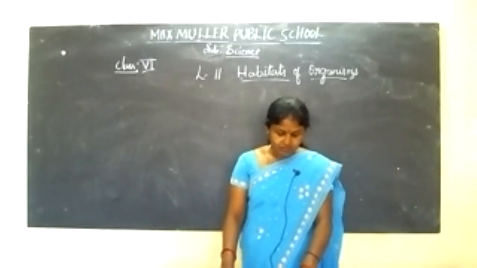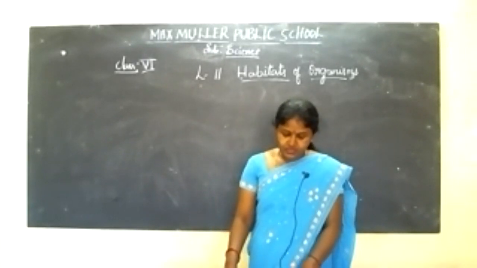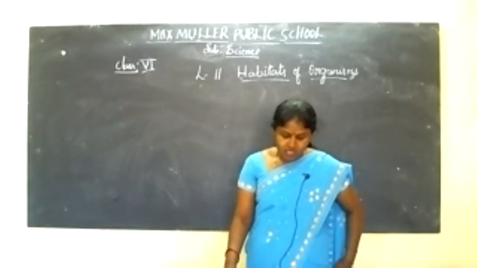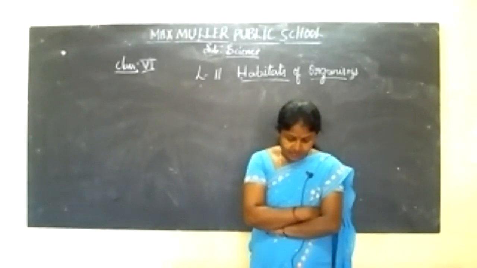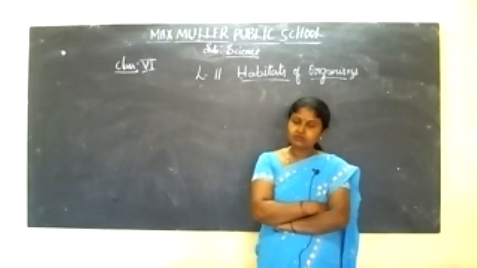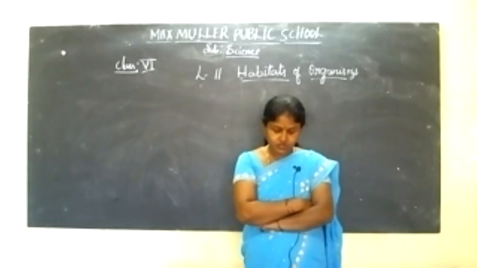Most plants have long roots that either spread out far or penetrate deep into the soil in search of water. Penetrate means they go very deep in search of water in the soil.